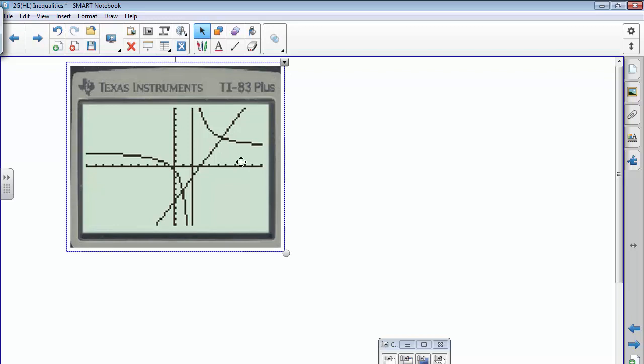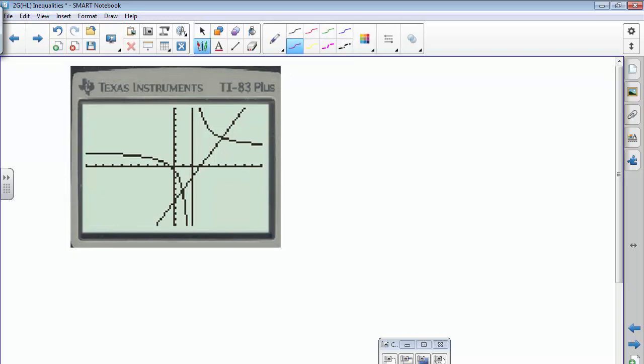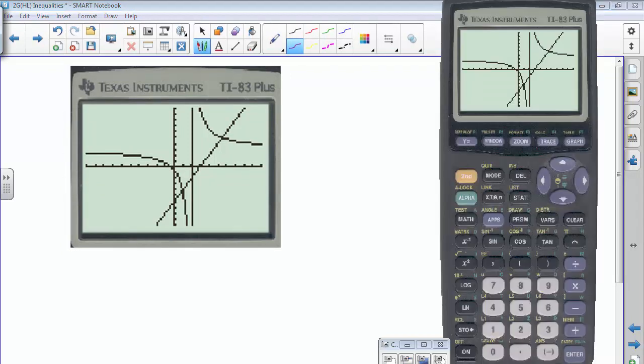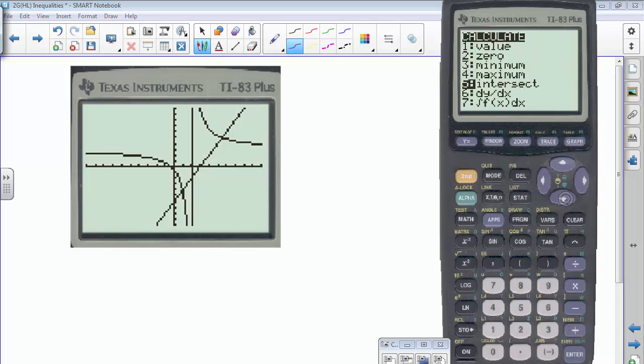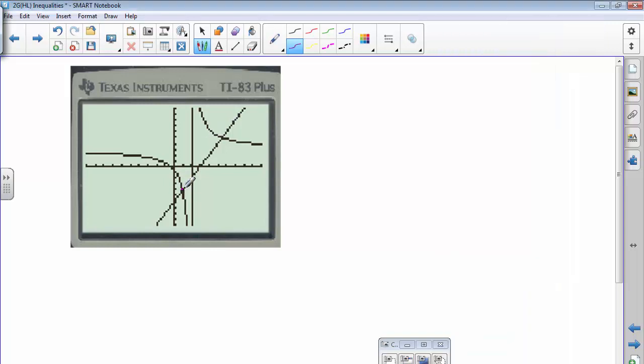So the next step is you need to use this function, second trace, to find the points of intersection between these two graphs. If you use this function, you will find, okay, this x value is 1, and this x value is 5.5.